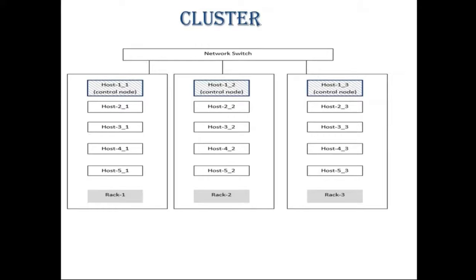I have a group of nodes arranged together, that is called a rack. When I have a group of racks, I call that a cluster. So there you go. A cluster is a group of racks, and a rack is a group of nodes.